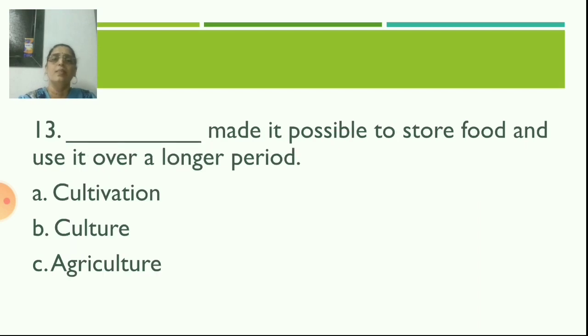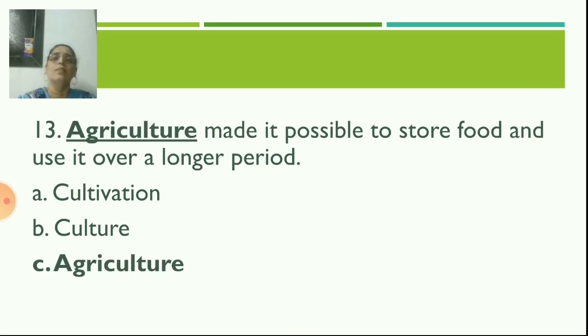Now the next, 13th. Dash made it possible to store food and use it over a longer period. Options are A. Cultivation, B. Culture, C. Agriculture. And the option is C. Agriculture. So students, agriculture made it possible to store food and use it over a longer period.